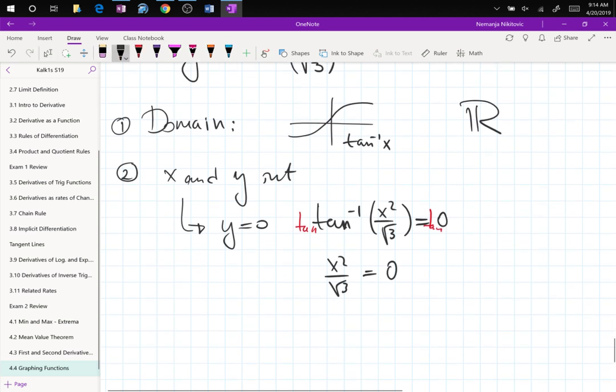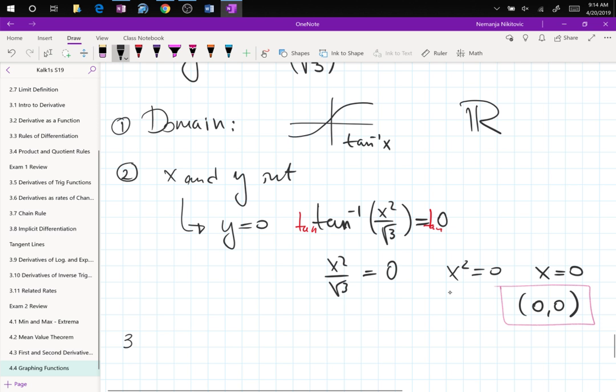When you cross multiply, you get x squared equals 0, and finally x equals 0, which gives us the point (0, 0), which at the same time becomes the x and y intercept, because it's (0, 0).